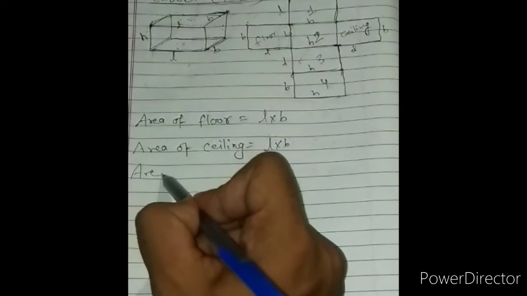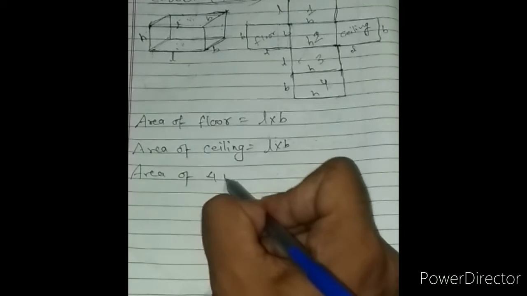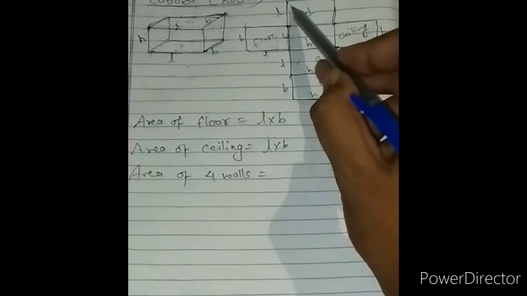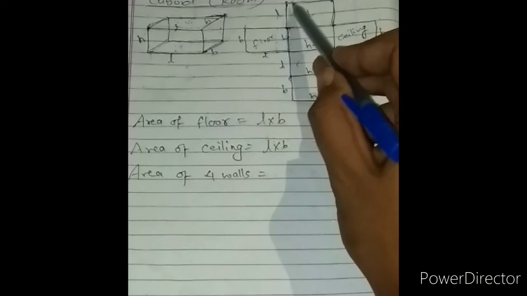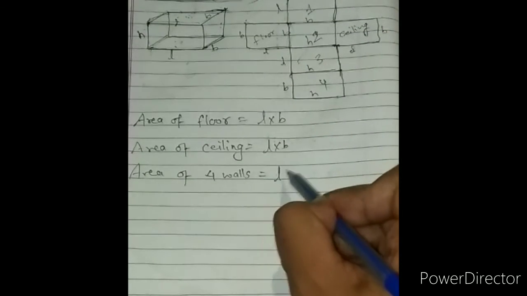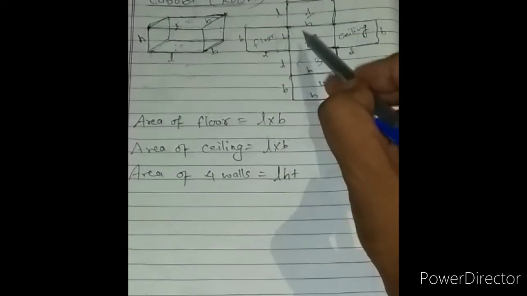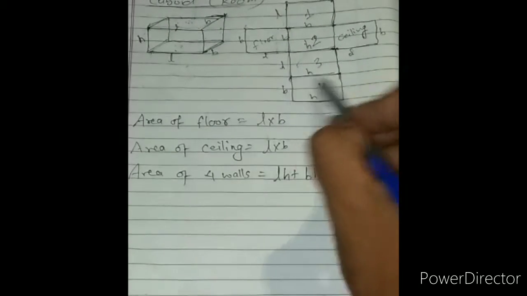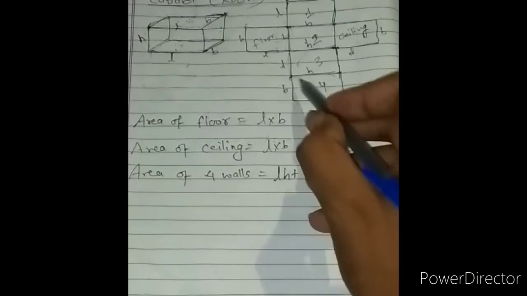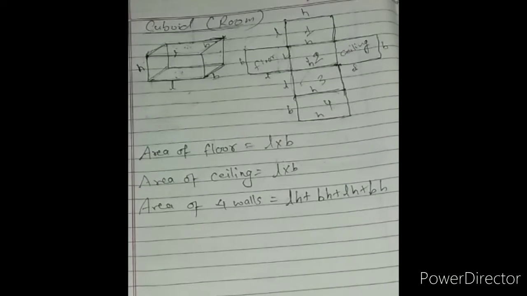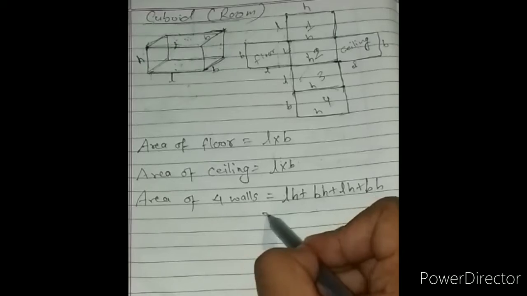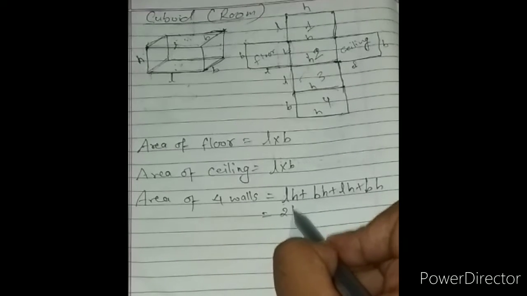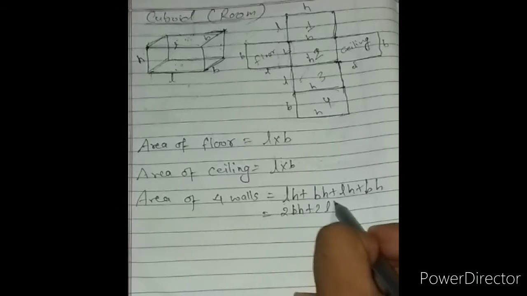Now next, area of four walls. You can see here, what is the area of this part? Length into H, plus B into H, again L into H, again B into H. Here 2LH, 2BH.